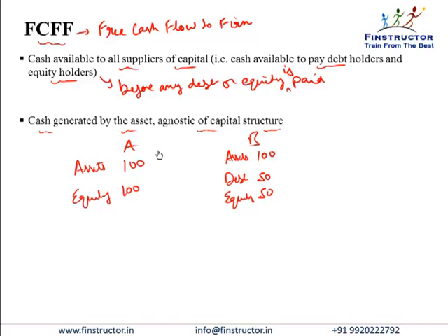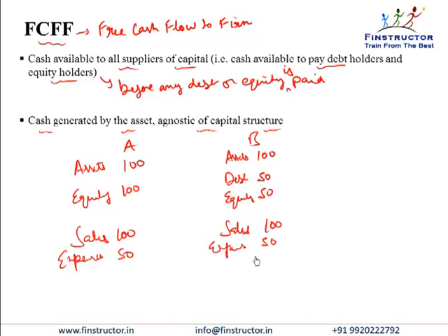Both assets are the same, the industry is the same, the business practically is the same. So if A generated sales of $100, our guess would be that B also generated sales of $100. Whether you've taken debt or you've not taken debt would not change the quality of your product and the quality of sales. Similarly, the operating expenses for doing the sales would remain the same.